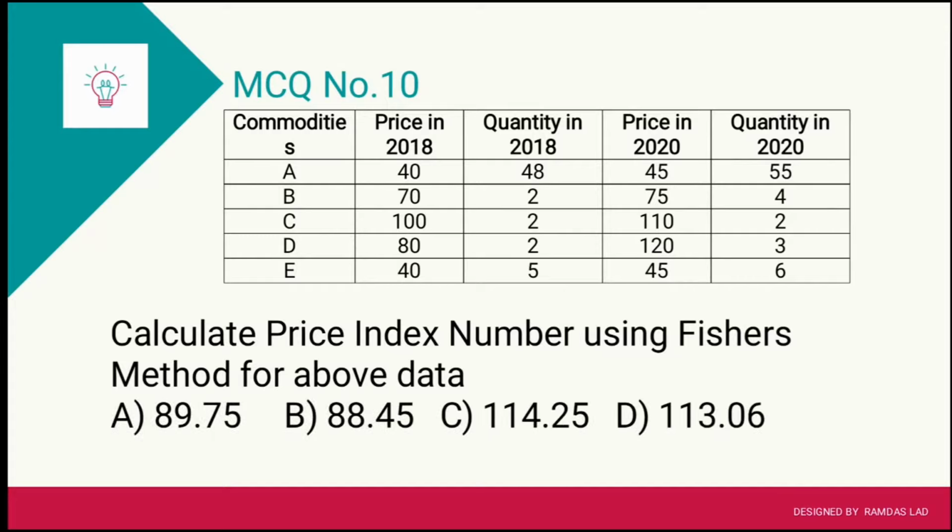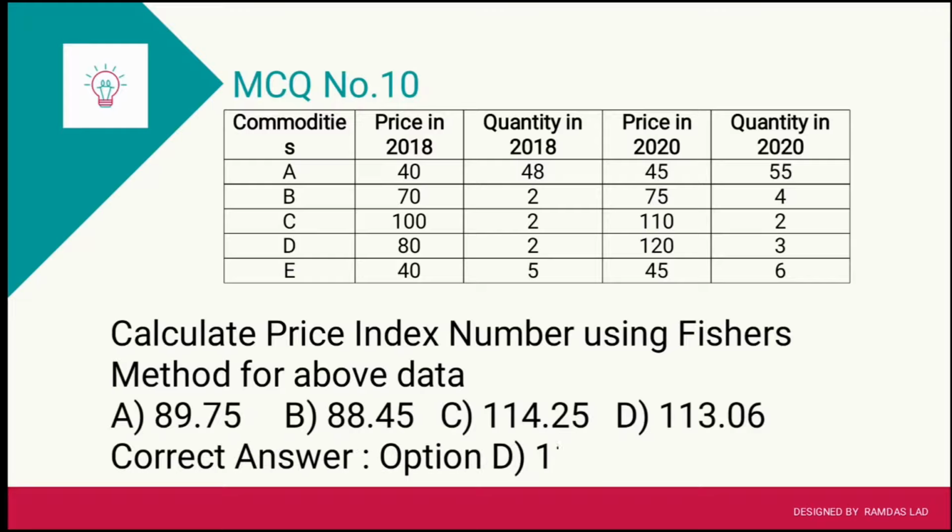Options are given: option A 89.75, option B 88.45, option C 114.25, and option D 113.06. So here the correct answer is option D, 113.06.